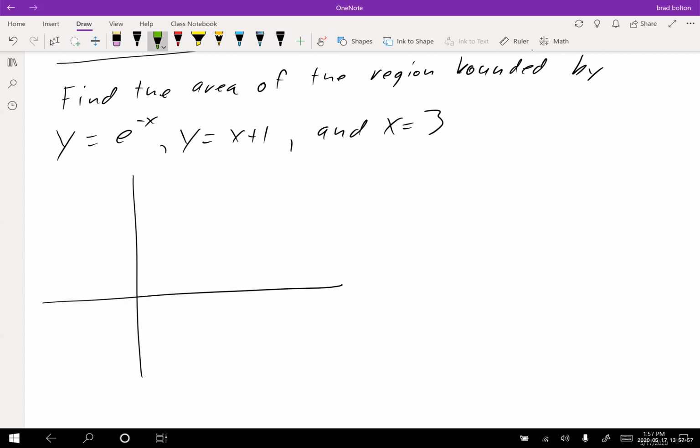Okay, so let's see, y equals e to the negative x. So that's a flip of that. So I think when you graph this on your calculator, you should get, so let's say that that's 1 right there, something that does this.